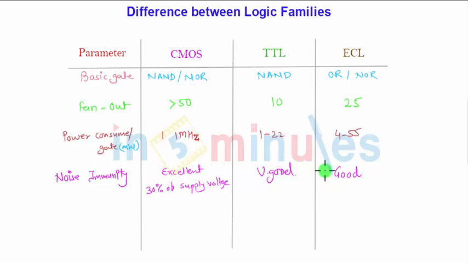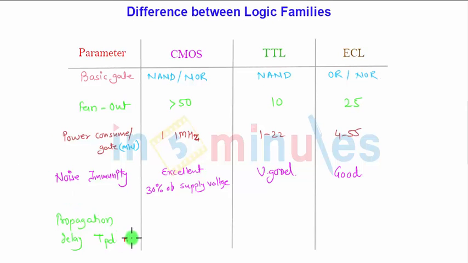Okay, and the last parameter is the propagation delay. I'll write here propagation delay, or TPD, which is the time taken, measured in nanoseconds.